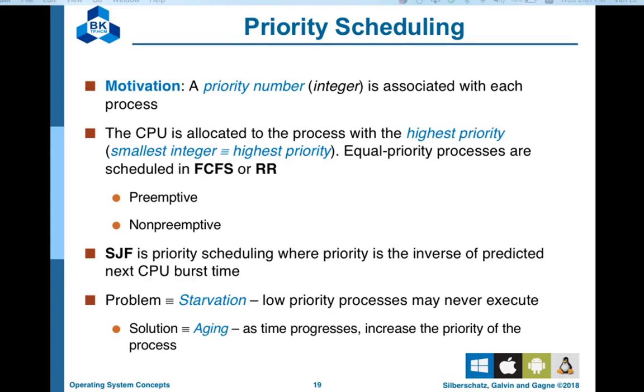So the long CPU burst time process waits for the small burst time processes, and it will cause starvation.